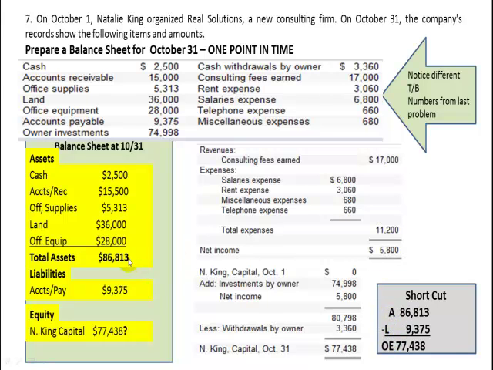And if we know that assets are $86,813 and we know that liabilities are $93.75, the difference between the two would give us what our owner's equity, capital, is at that point in time, which would be $77,438. That's how I came up with that magic number instead of doing these statements. I want to show you both ways, but I like this method better, if you understand that assets have to always equal liabilities plus owner's equity.